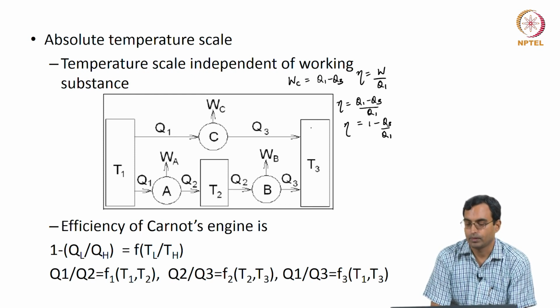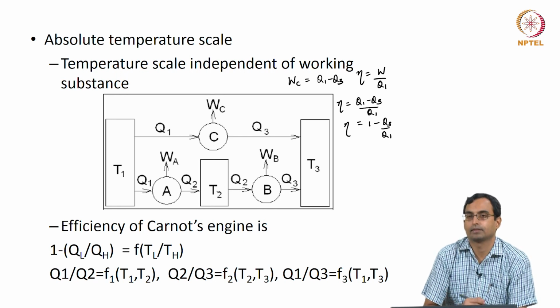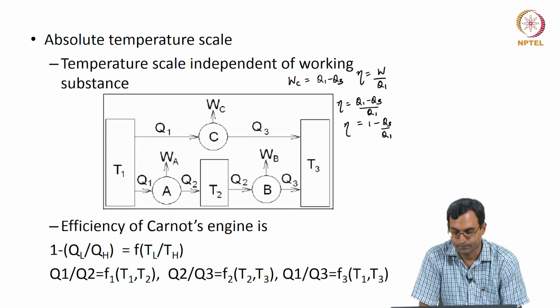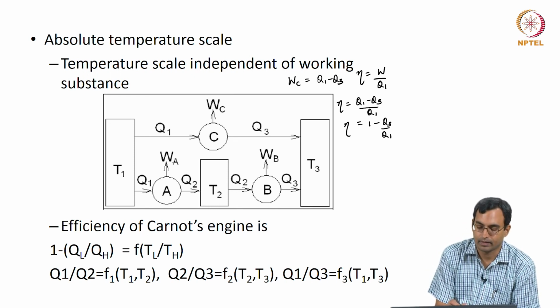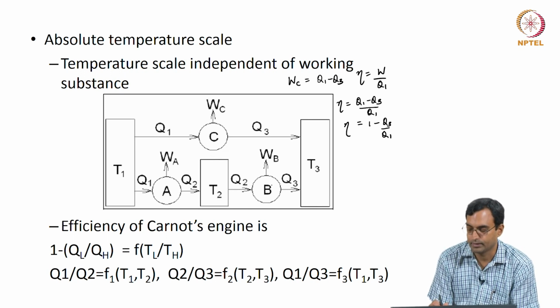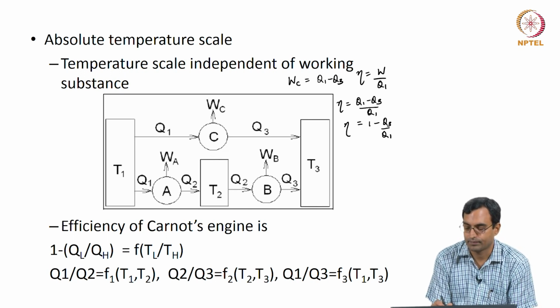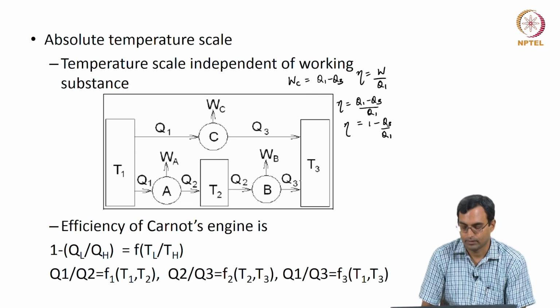Now, what I can also do is I can operate two other Carnot cycles with some intermediate temperature reservoir in between. So, this engine A takes Q1, does some work Wa and rejects some Q2. This Q2 is given to this next heat engine B. It takes heat Q2, gives some work of Wb and rejects heat at Q3.